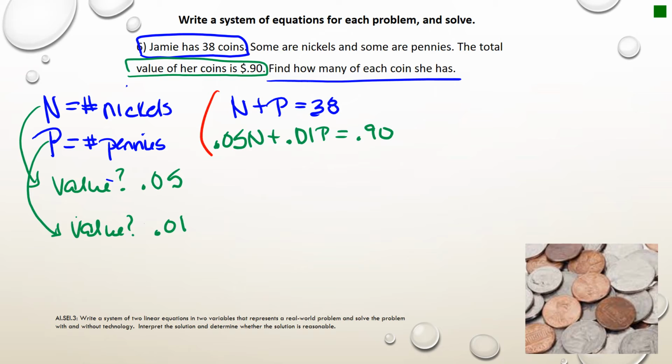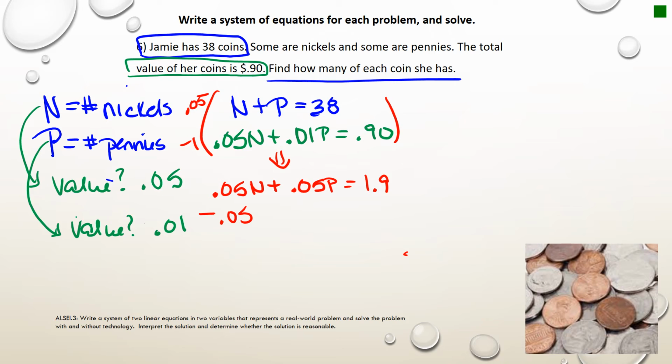Again, substitution. I'm going to bring up the 0.05, bring down -1. So I have 0.05N plus 0.05P. Be careful when you're multiplying on your calculator. Make sure you hit 0.05 times 38 and you get 1.9.